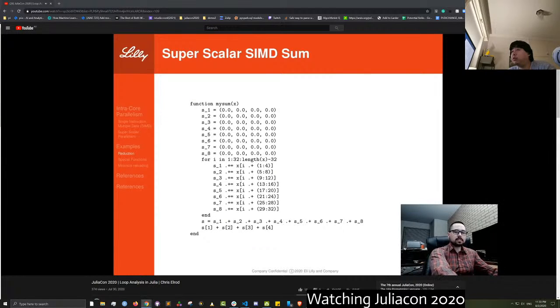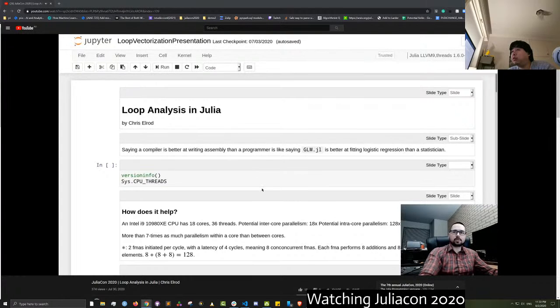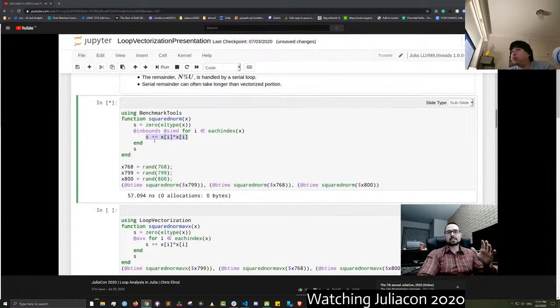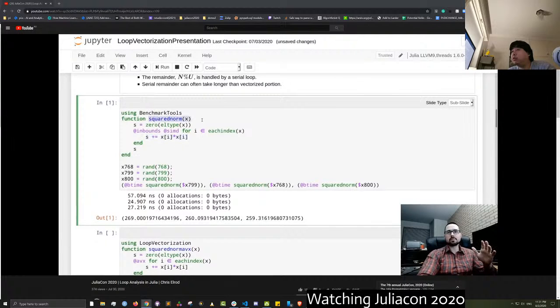And we can see that by running benchmarks, where I adapted the sum example to being a squared norm. So instead of sums, we have FMAs. Here I'm benchmarking vectors of length 799, 768, and 800.